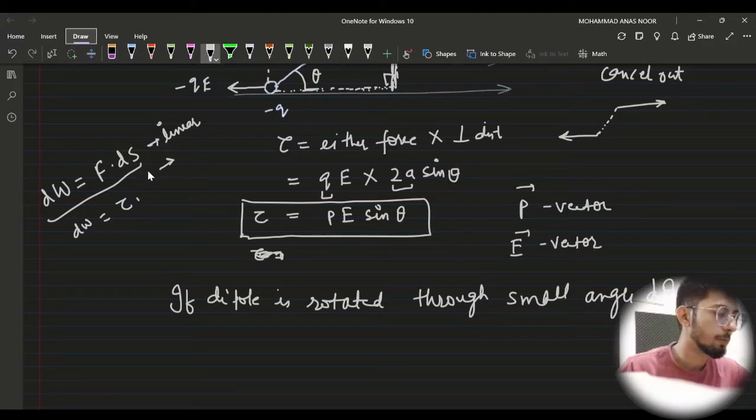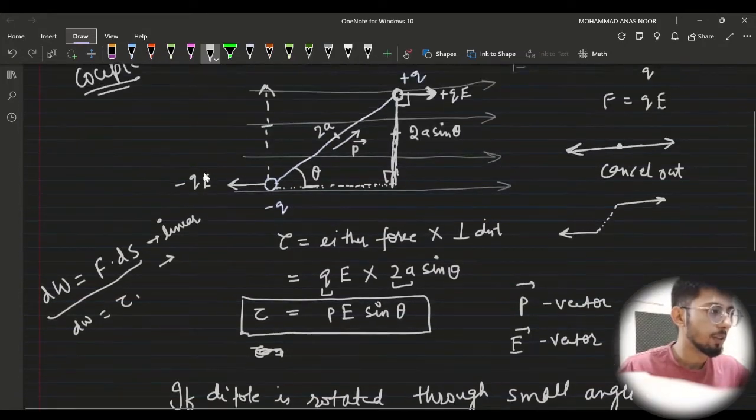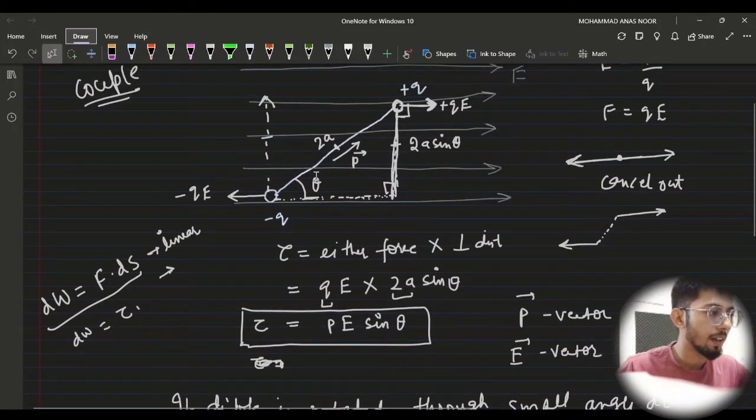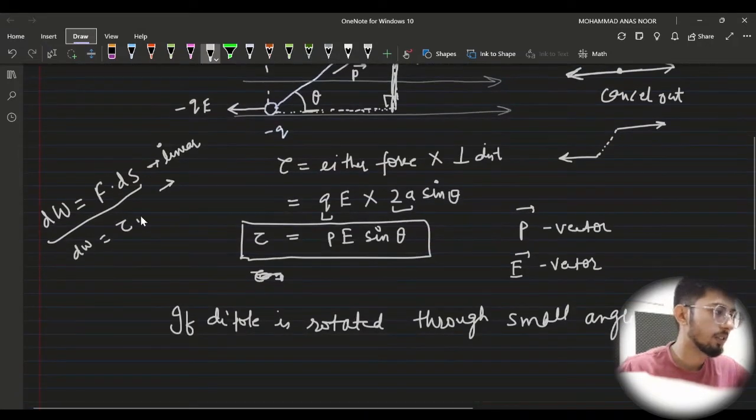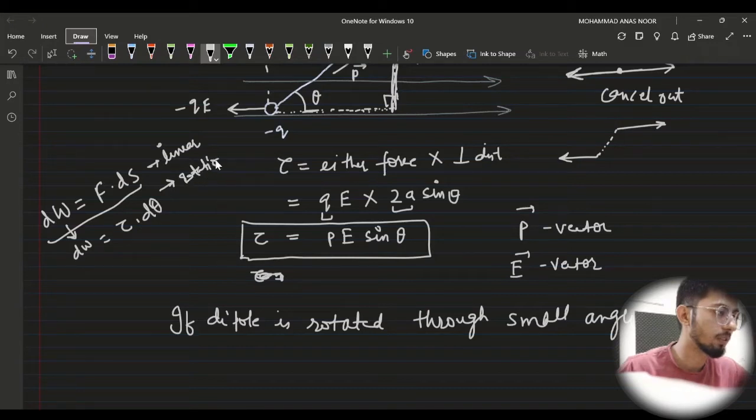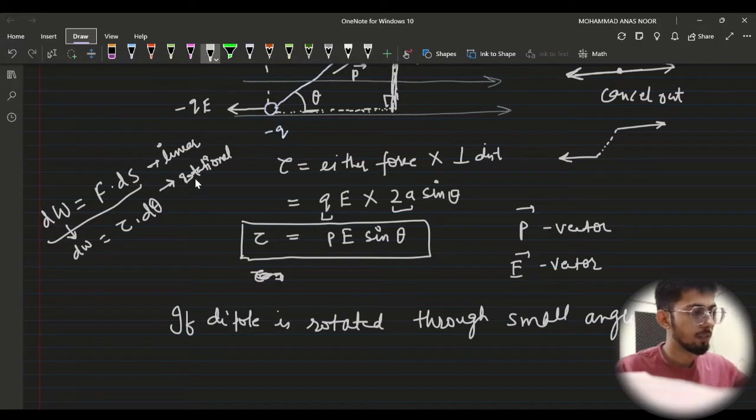And the displacement is replaced by the angle, since the displacement in rotational motion is the angle, because there is no linear motion, so this will be d theta. This is the analogy. This is the linear motion, this is the rotational motion. In rotational motion, theta is the displacement, and the force is replaced by torque.